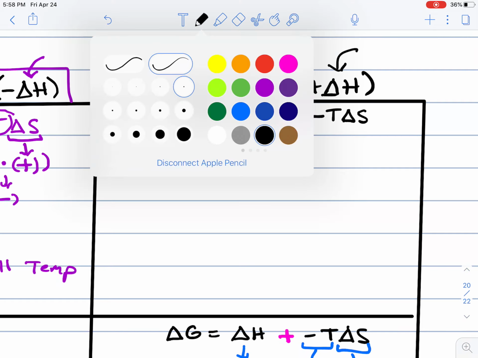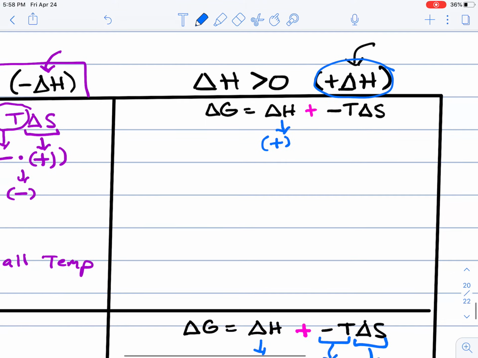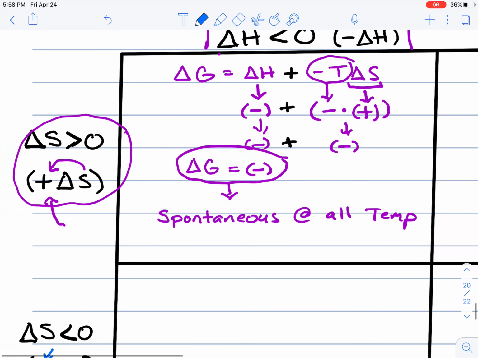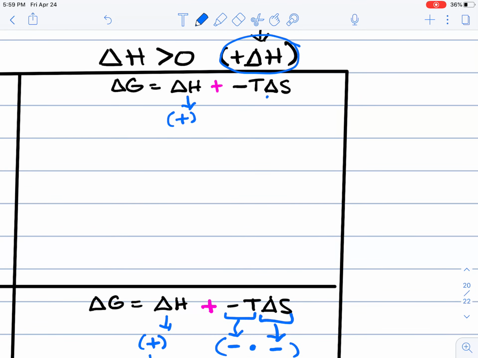And so once again, here we have a positive value as indicated by my condition. So enthalpy is positive. And so if I look on the left-hand side, notice that entropy is positive. And so this term will be positive. We know that this term will always be negative.